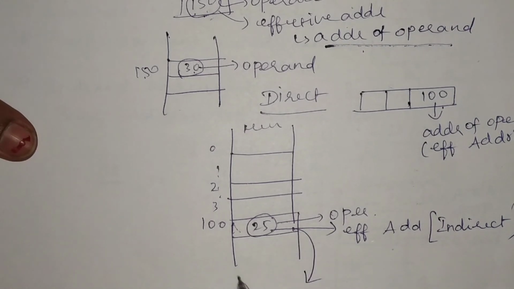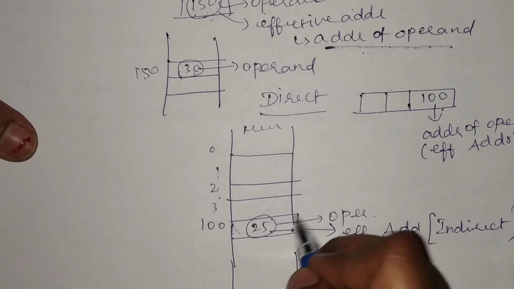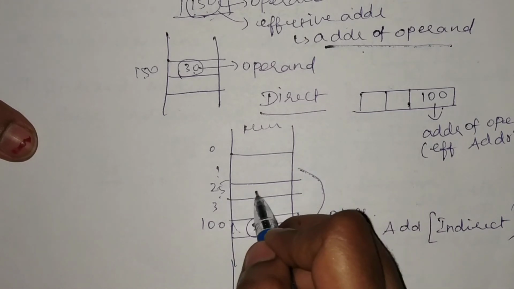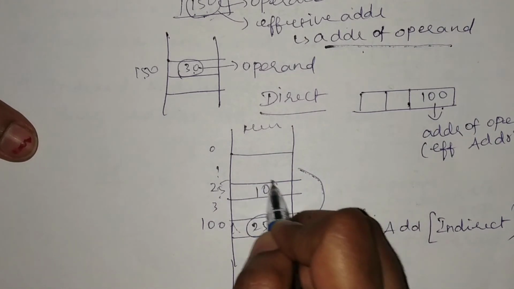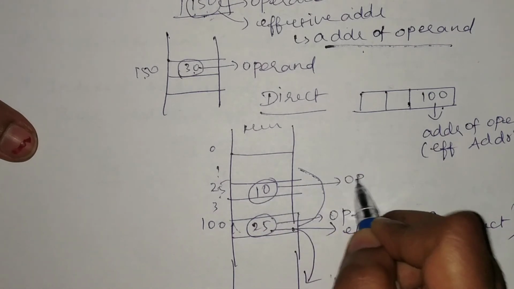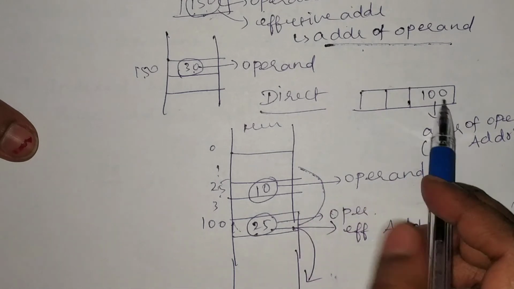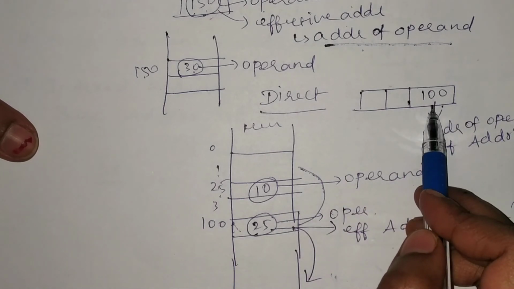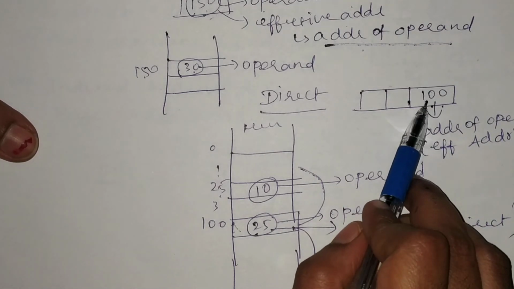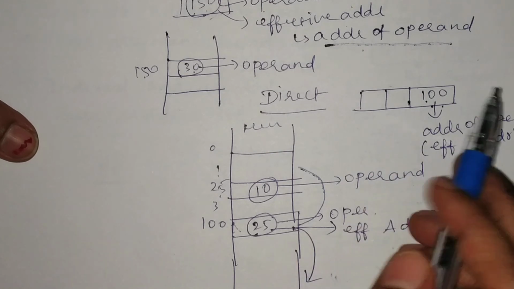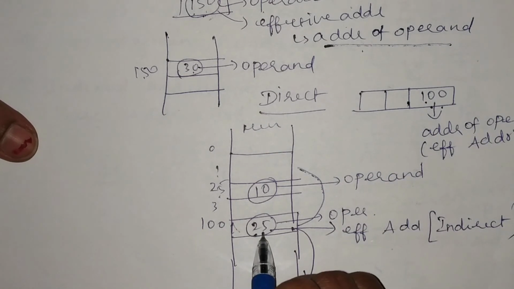Again, for example in the 25th location we will be having some content, and this will be considered as the operand. So here 25 is the effective address, 100 is not the effective address, but in case of direct addressing mode 100 will be considered as the effective address, and the content stored in the 100th location is said to be the operand.